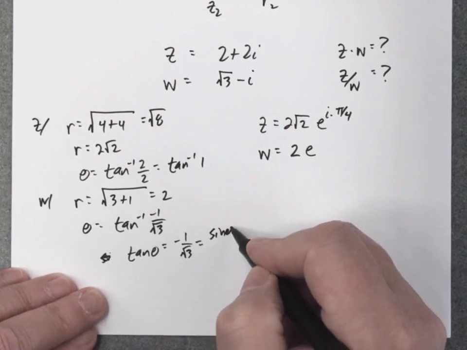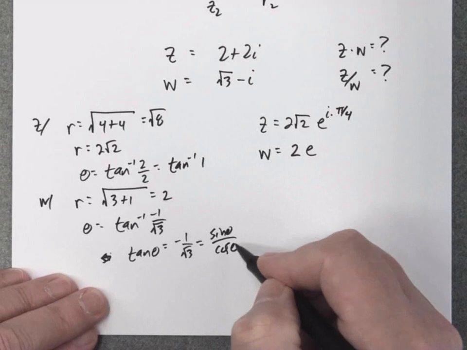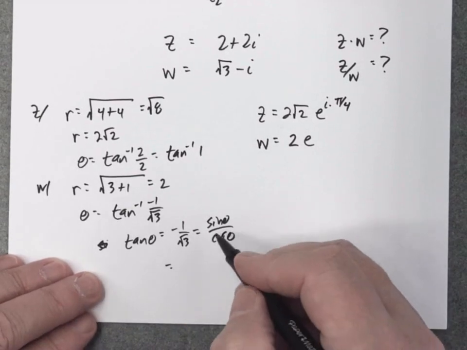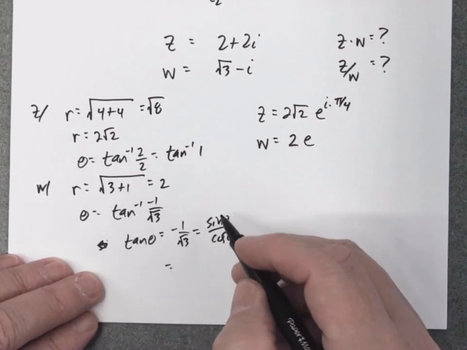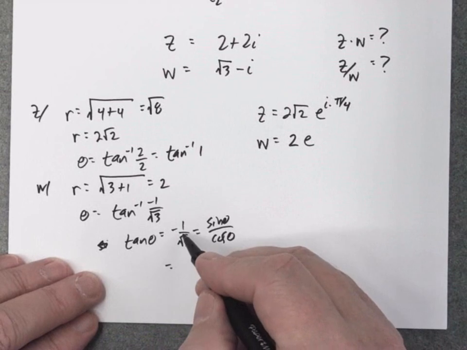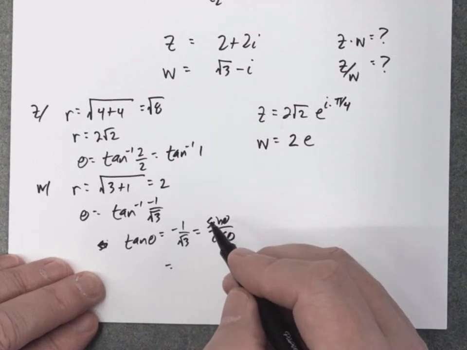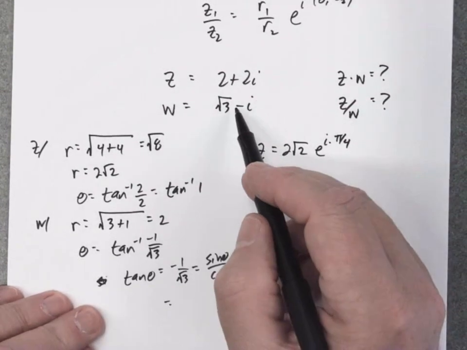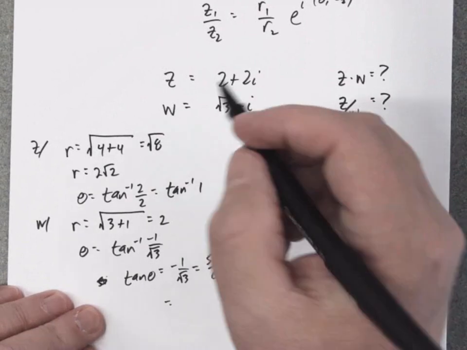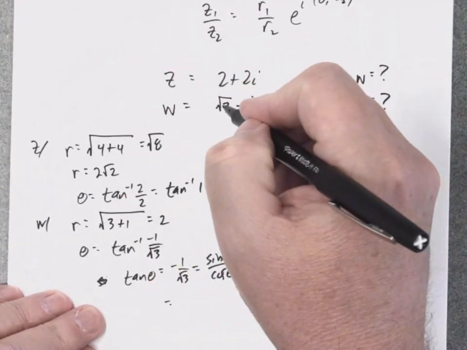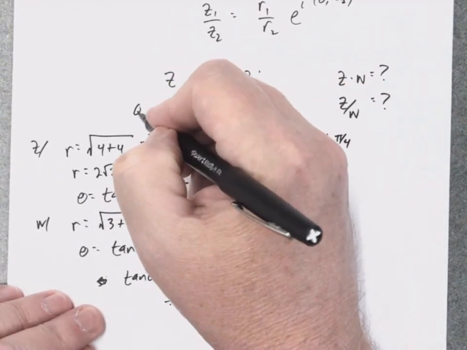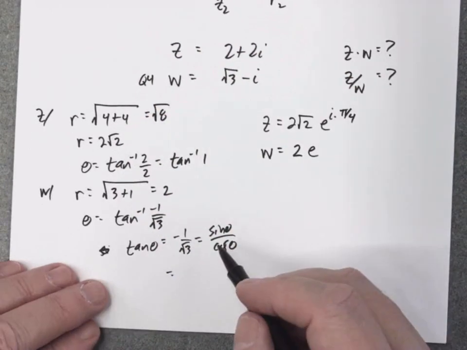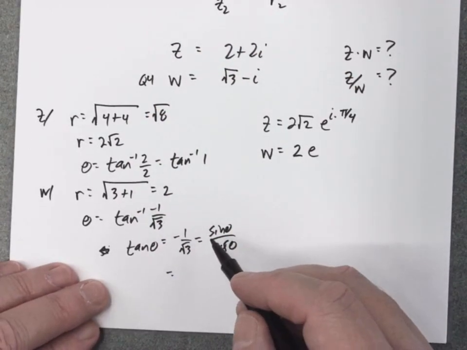We can think of tangent as sine over cosine. If you think about it, we are in quadrant 4 here, so we want the angle in quadrant 4.